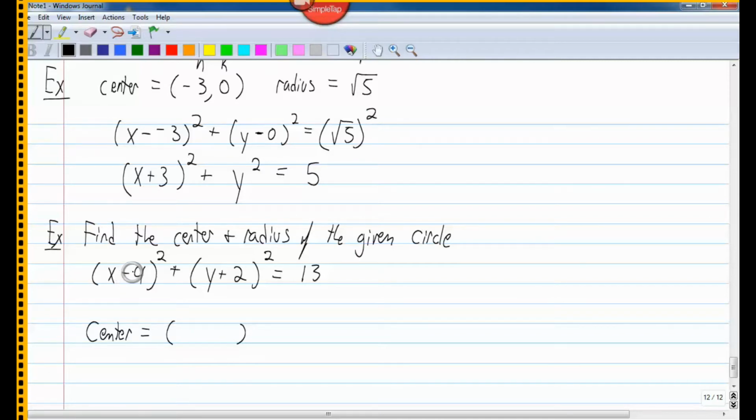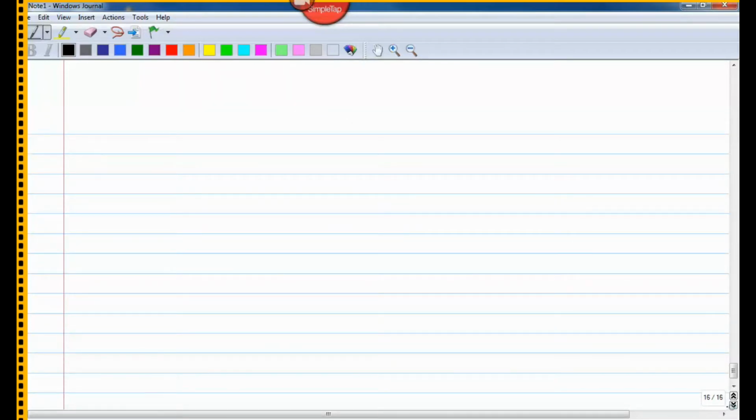So it's going to be positive 4, negative 2. Right? We take the opposite sign of the numbers. Positive 4, negative 2. That's the center of the circle. What's the radius? Square root of 13. All right. Not too bad.